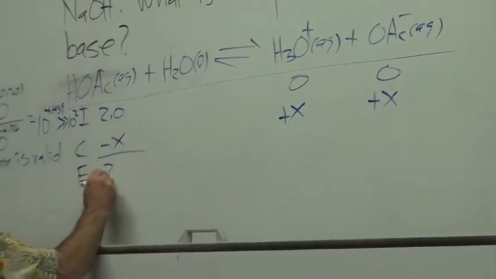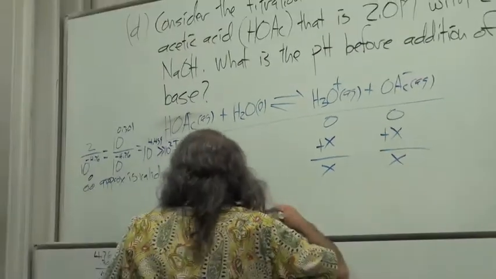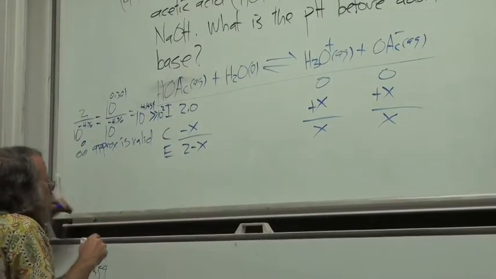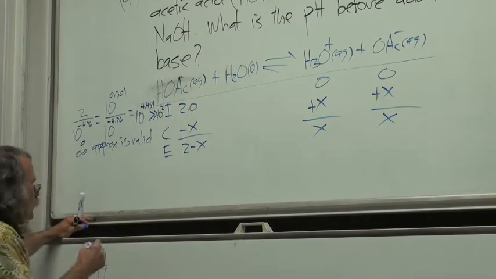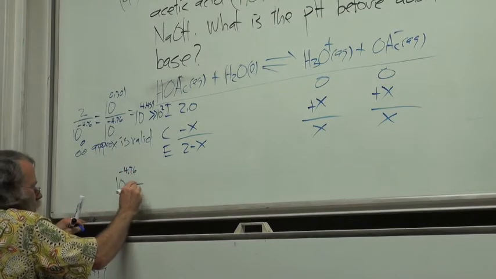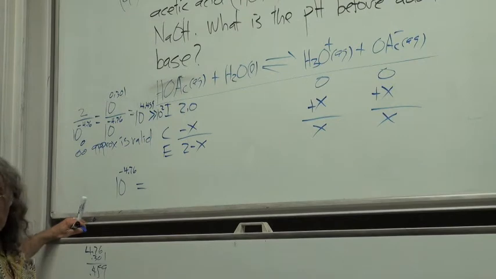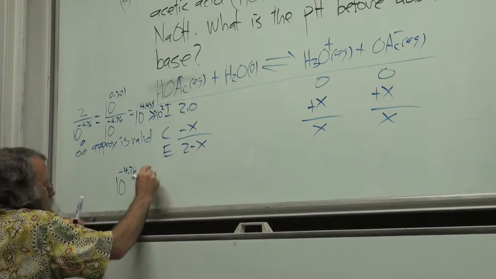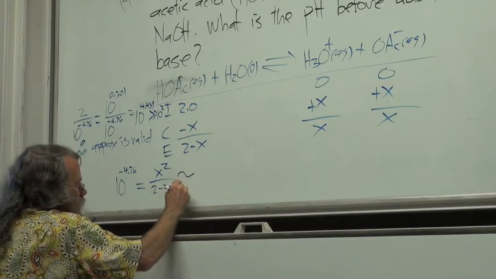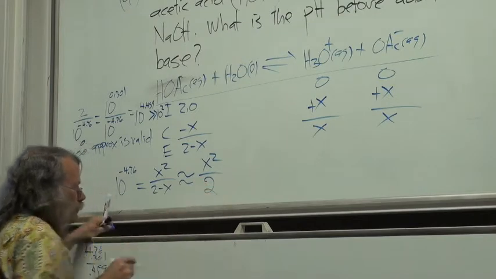And so I have 2 minus X, X, and X. And now, at equilibrium, K is going to be equal to, so 10 to the minus 4.76 is equal to X times X divided by the mass action expression, 2 minus X. So it's going to be X squared over 2 minus X. And our approximation is that this is approximately equal to X squared over 2.